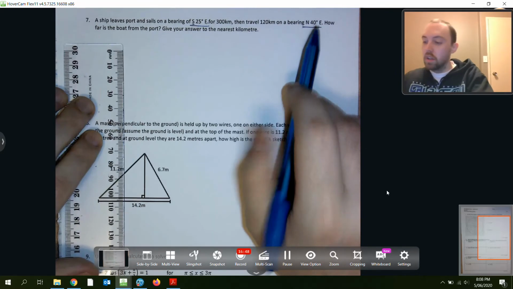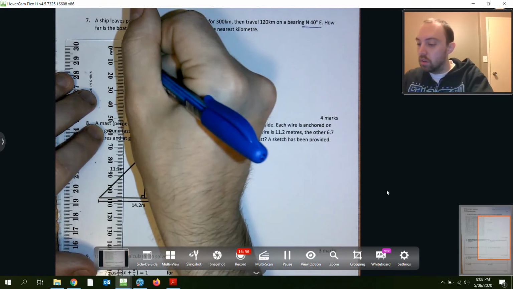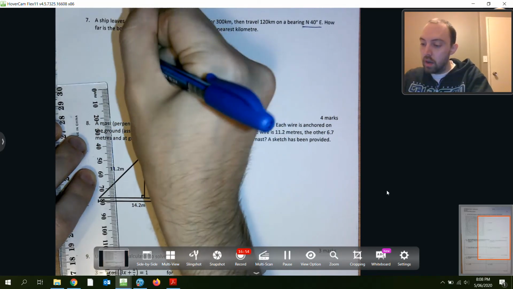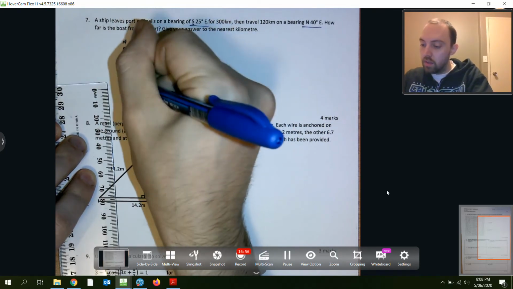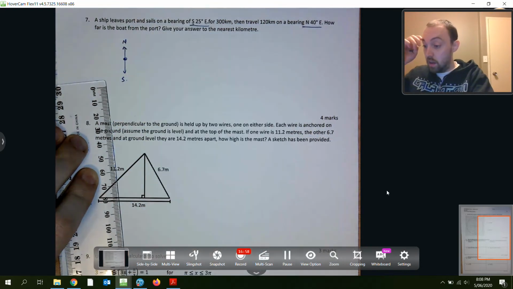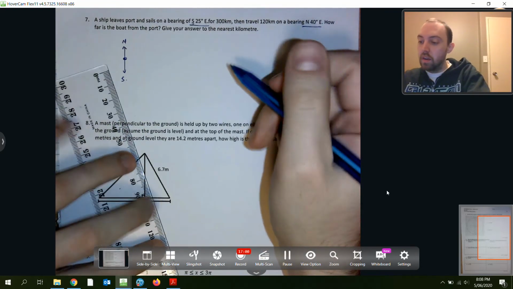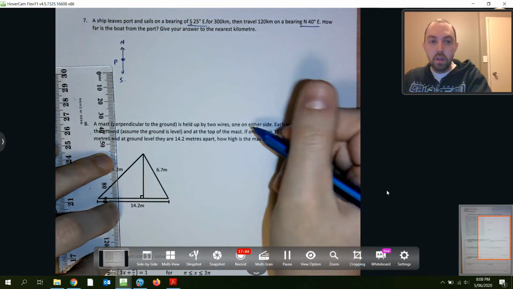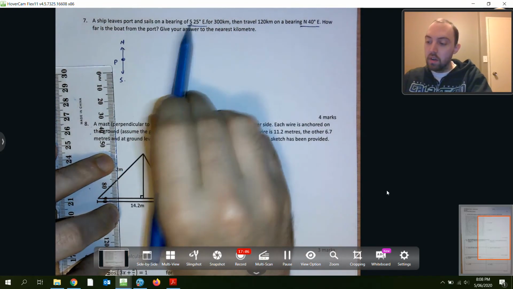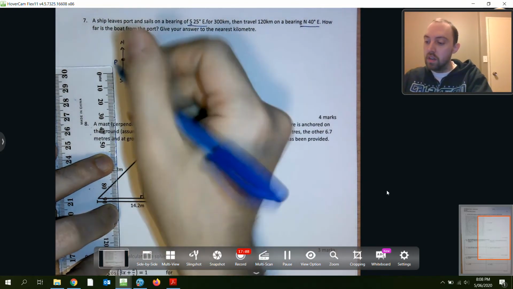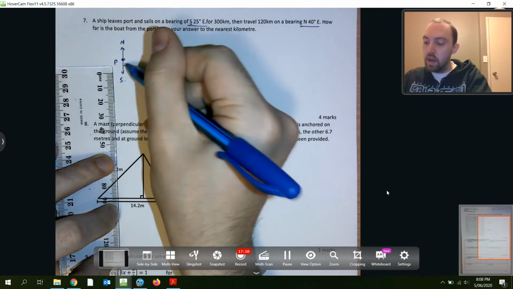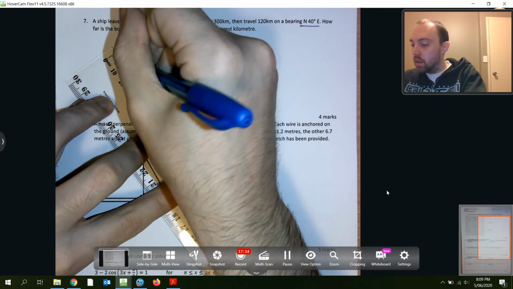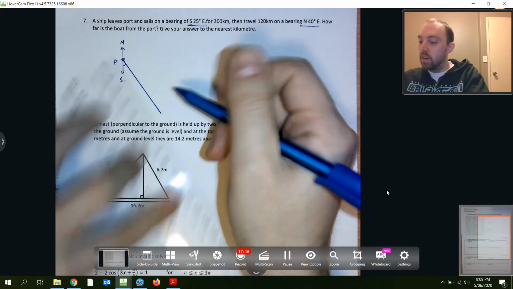So let's see if we can do this. I'm going to write north and south here for now. My first bearing, this is at my port, and it sails on a bearing of south 25 degrees east, so I want a 25 degree angle here that I've created towards east.